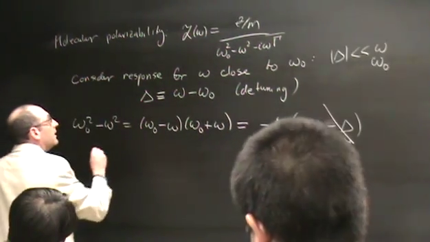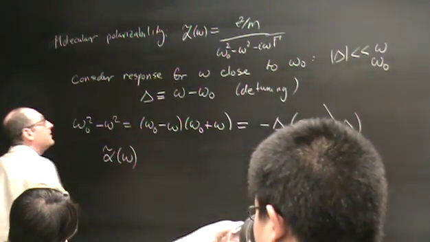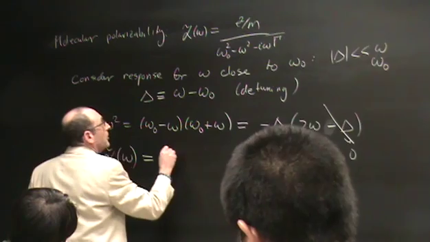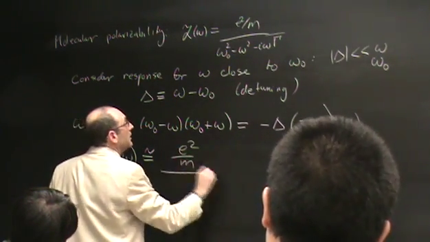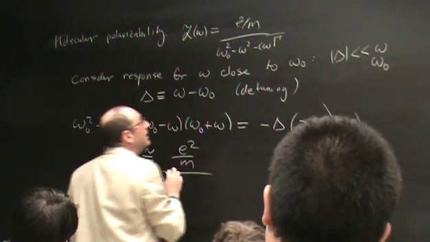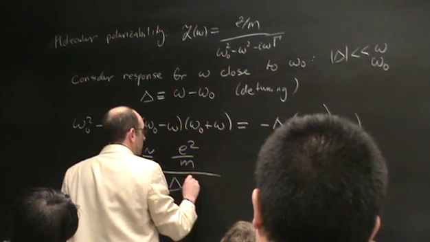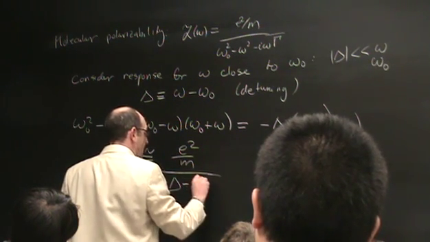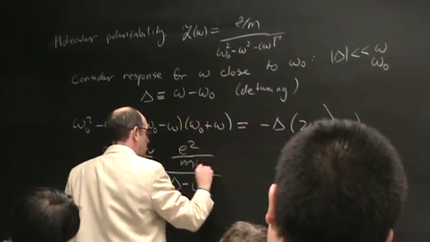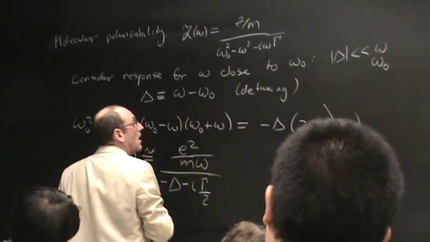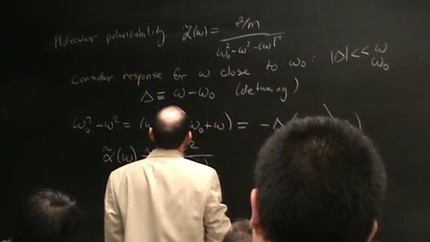the polarizability is approximately equal to e squared over m divided by minus delta minus i omega gamma over, let's see, somehow I got myself screwed up here.